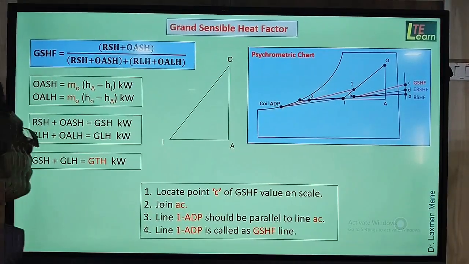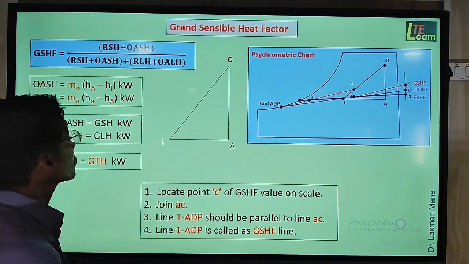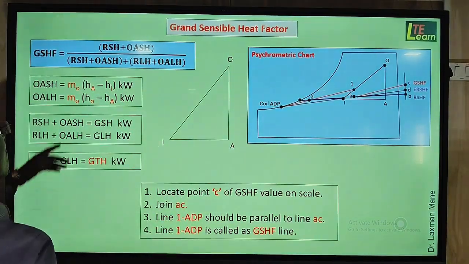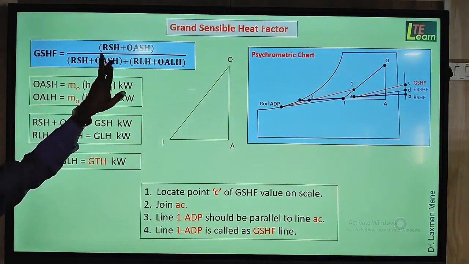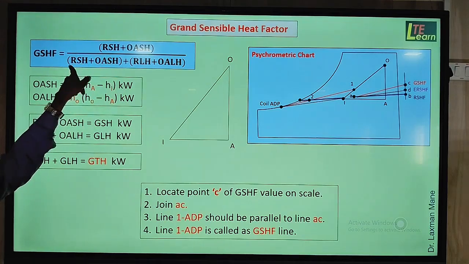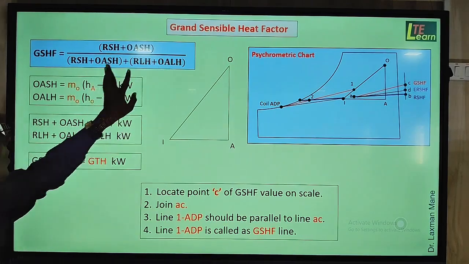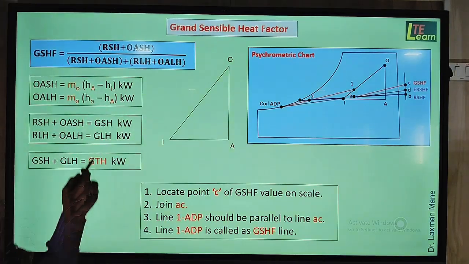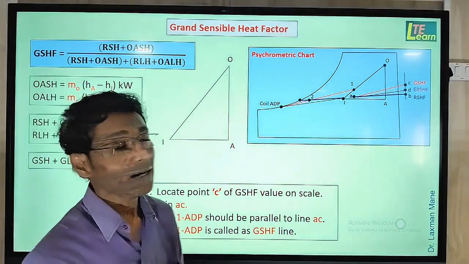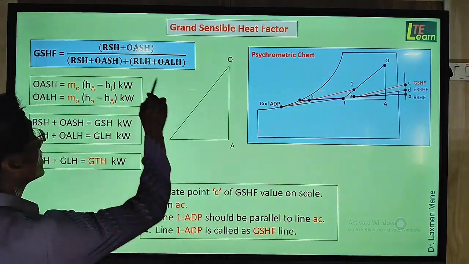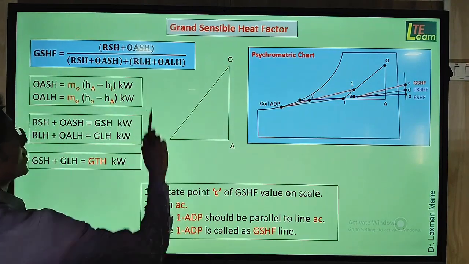Now we will see the grand sensible heat factor calculation. Grand sensible heat factor is equal to RSH plus OASH divided by RSH plus OASH and RLH plus OALH. Compared to the room sensible heat factor, the additional quantities in the grand sensible heat factor are OASH and OALH.